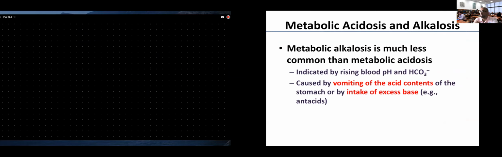All right, so metabolic acidosis is the most common imbalance of the blood pH. Next comes metabolic alkalosis, which is much less common. It's going to be indicated by a rise in the blood pH.